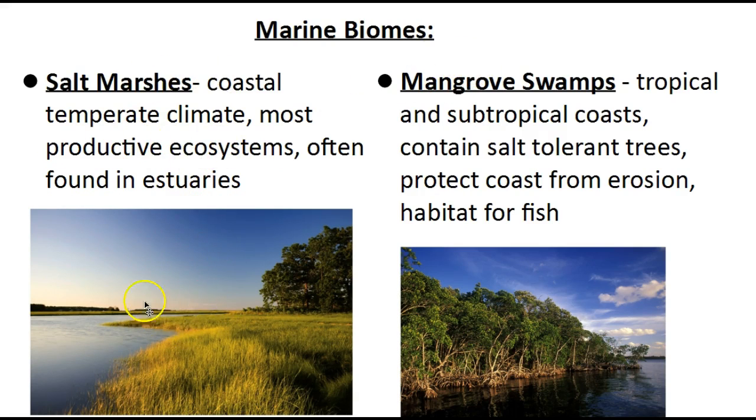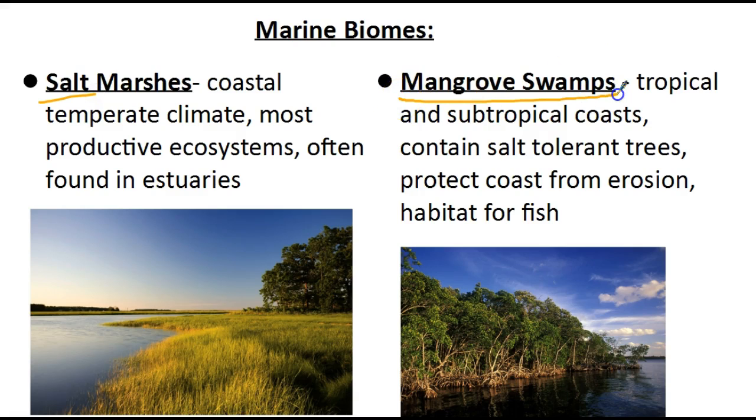Again, any kind of marshy, swamp, wetland area is going to be really productive. And they're found in estuaries. We're going to talk about estuaries, but estuaries are basically where a river meets an ocean. So it's on the coast, it's a marsh, and it has salt water. That's what you need to know.